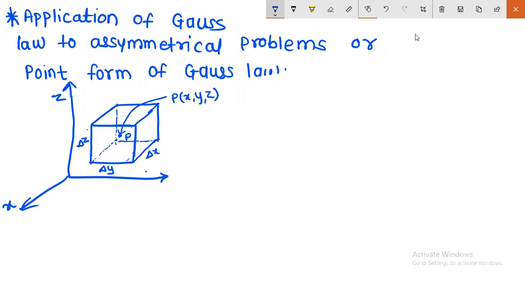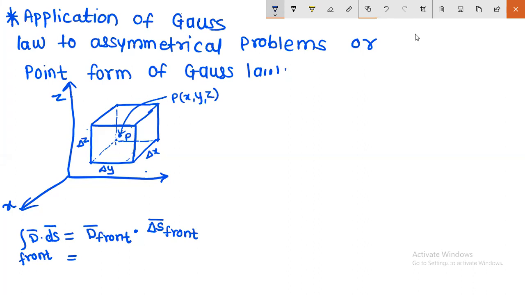The integration for the front side of D bar dot dS bar is given as D bar front dot delta S bar front. Instead of dS we are considering delta S. So it is D bar front dot delta S bar front.